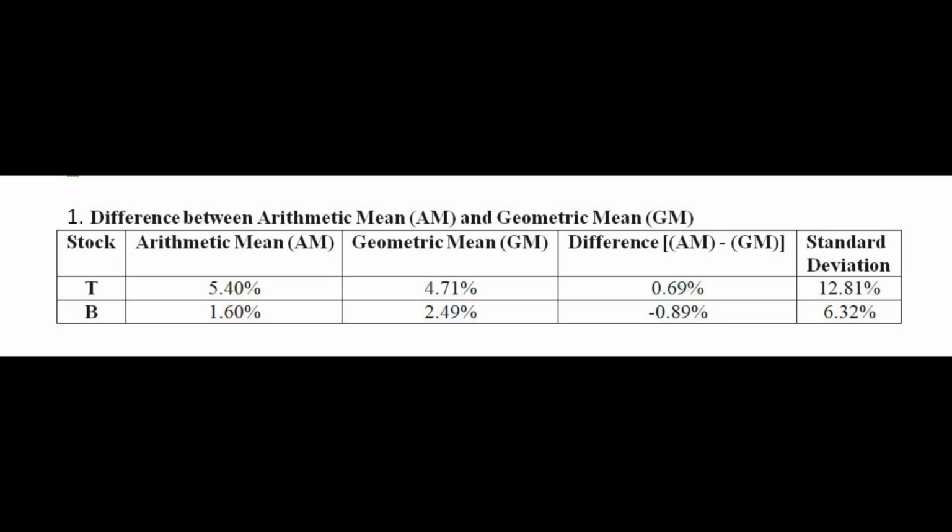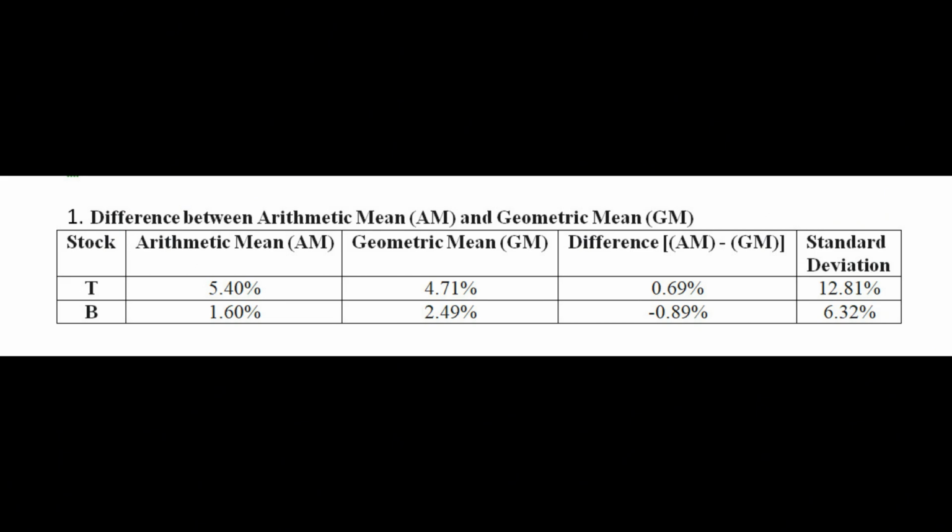So let's see how we can discuss those things. Here in this table we can see the difference between arithmetic mean AM and geometric mean GM for stocks T and B. The arithmetic mean for T is 5.4% and for B it is 1.6%. On the other side, the geometric mean GM for stock T is 4.71% as we computed, and for B it is 2.49%.